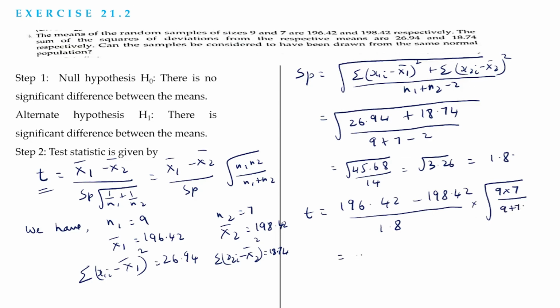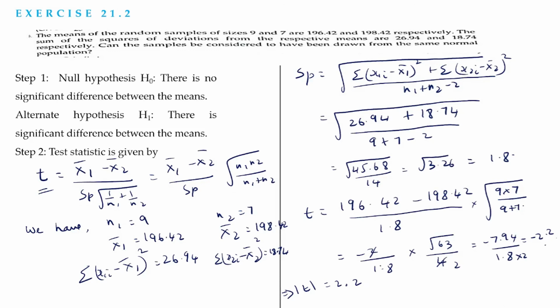So this is equal to minus 2 by 1.8 into root of 63 upon 4, since 9 plus 7 is 16 and root 16 is 4. So this is equal to minus 7.94 upon 1.8. Now if we simplify, we get negative 2.2. So mod t is equal to 2.2.